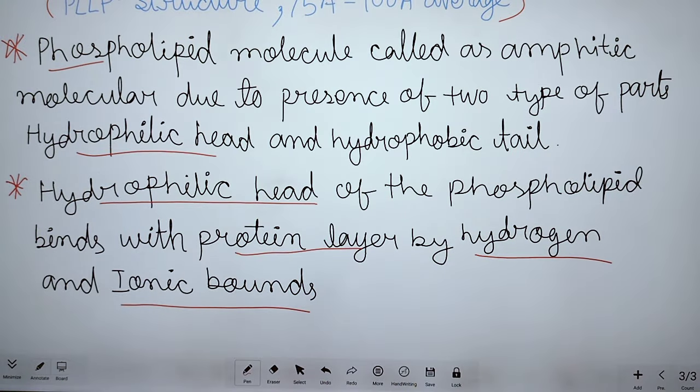Okay, the head of the phospholipid, that is hydrophilic, binds with the protein layer by hydrogen and ionic bonds.